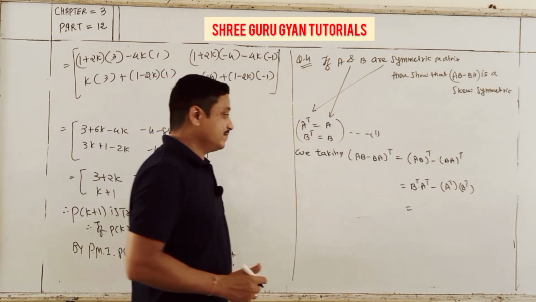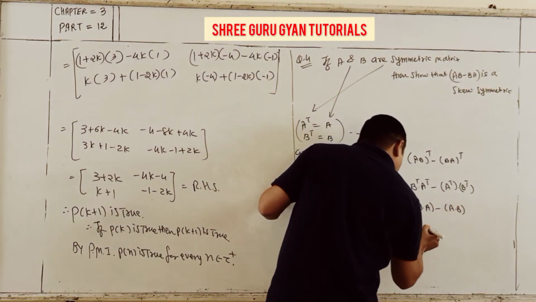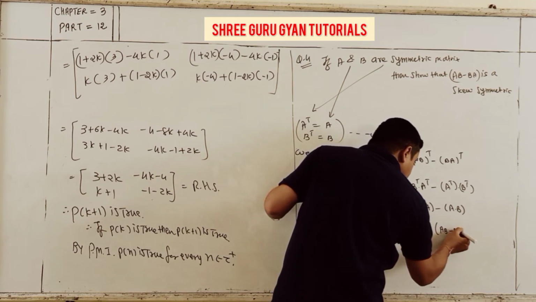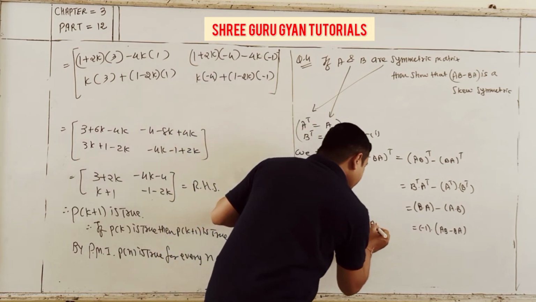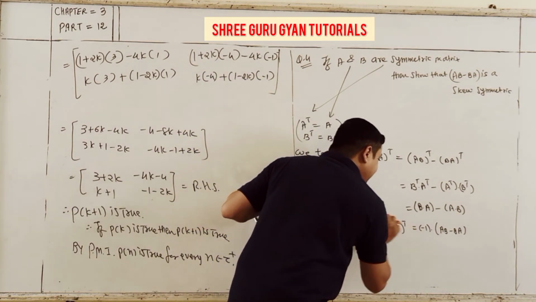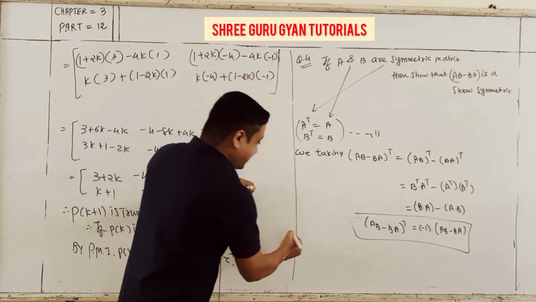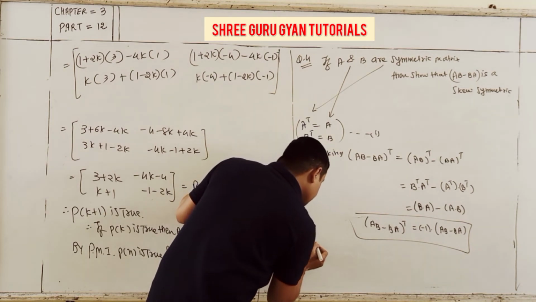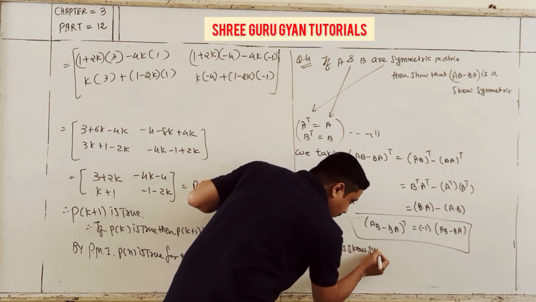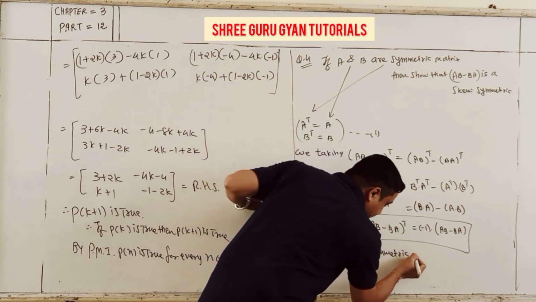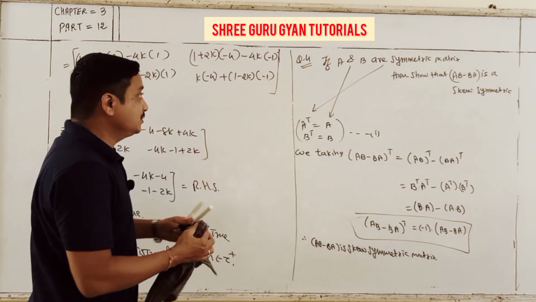B transpose is B, A transpose is A. So here BA, that is AB, and just take the minus outside common. So AB minus BA is the same, but with minus carried outside. So students, your target is achieved: the transpose equals minus the original. So it is skew. Therefore, AB minus BA is a skew symmetric matrix. Very easily done here. Now continue with question number 5.